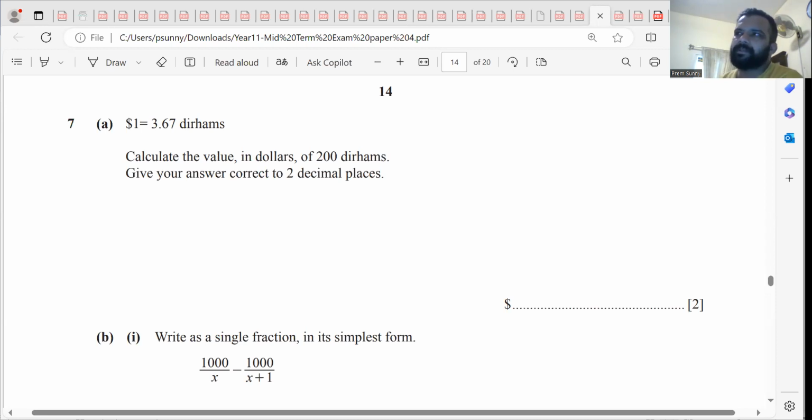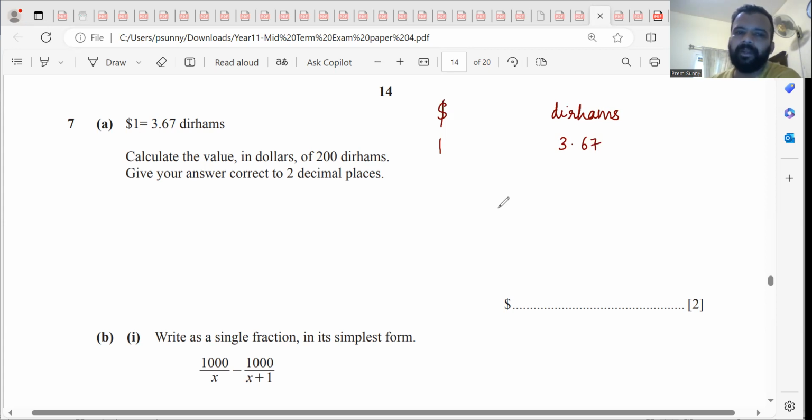So, for currency exchange, the first step will always be to identify the quantities that we are considering. Here the quantities are dollars and dirhams. Now, it's given that $1 is equal to 3.67 dirhams.